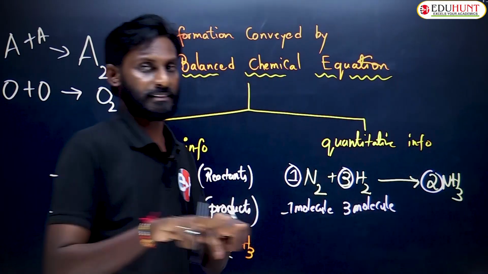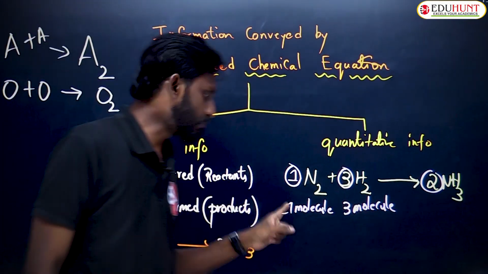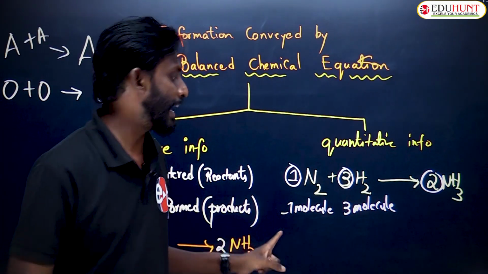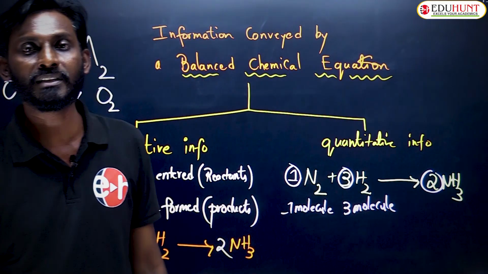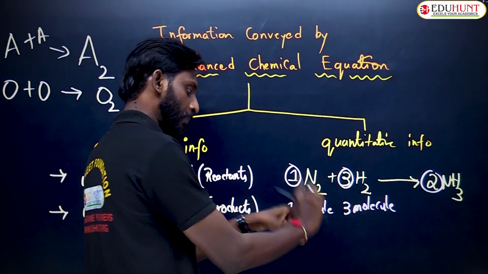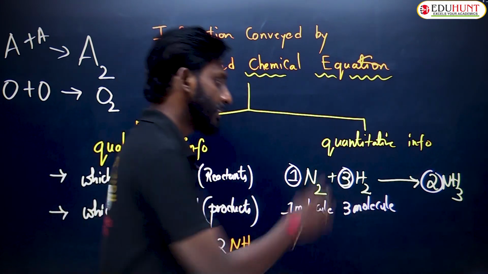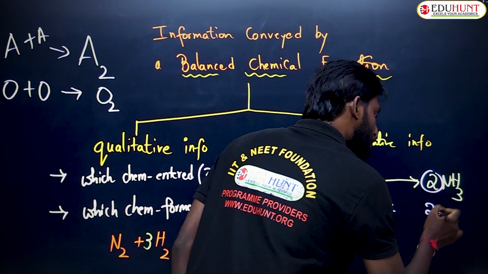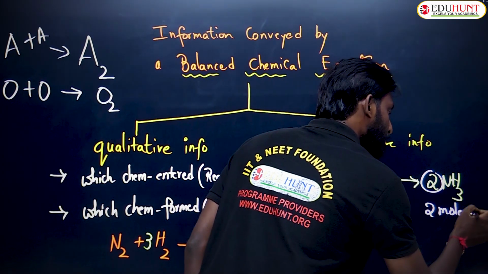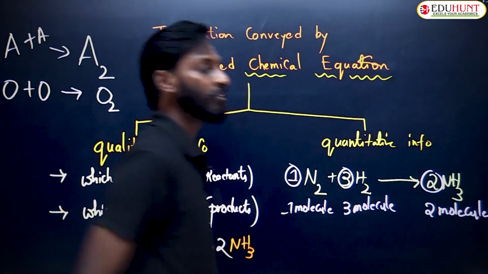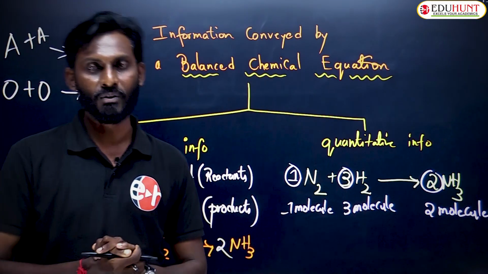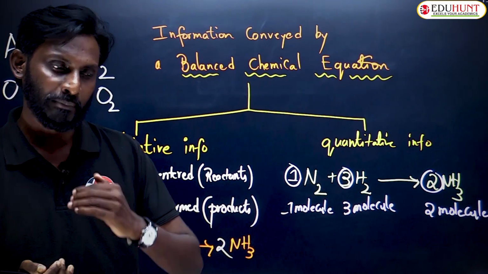One molecule of nitrogen reacts with 3 molecules of hydrogen to give 2 molecules of ammonia. If you take these two in 1:3 ratio, then definitely you will get 2 molecules of ammonia.